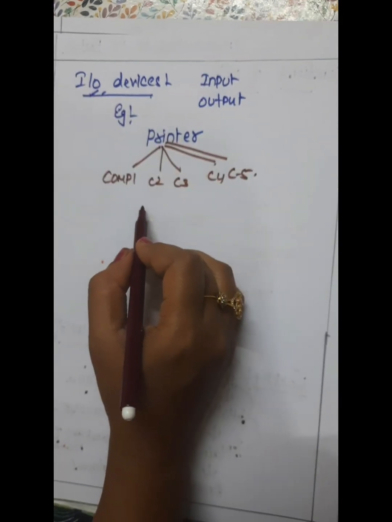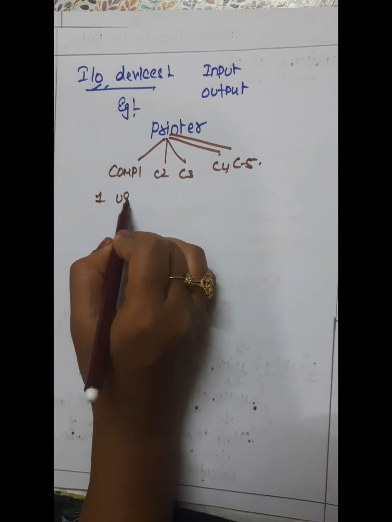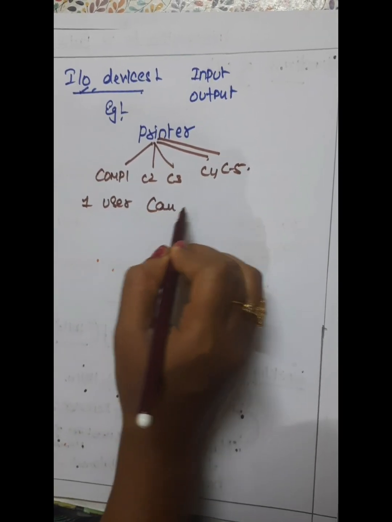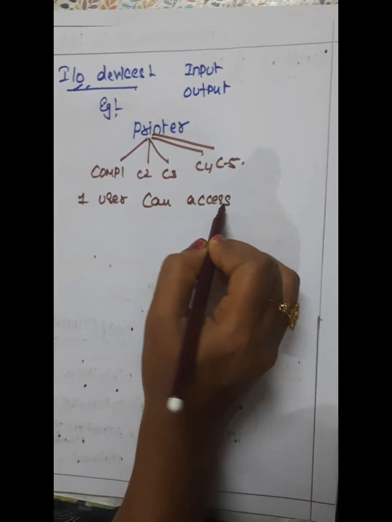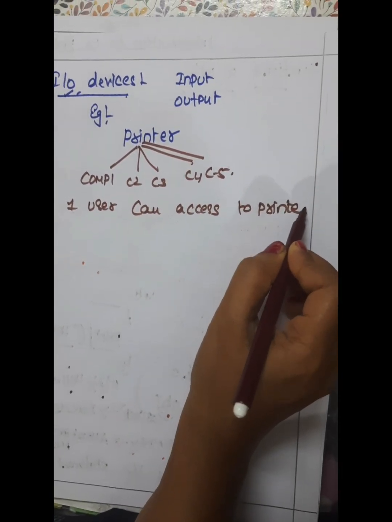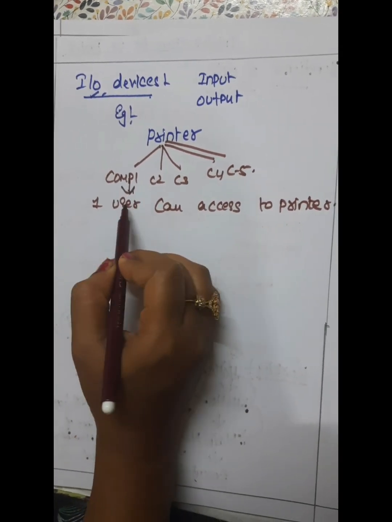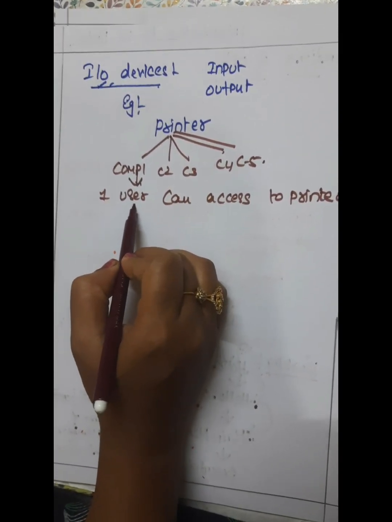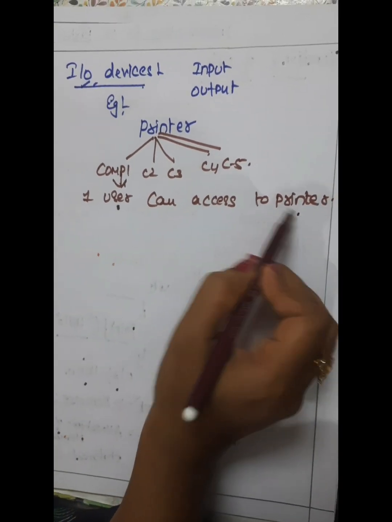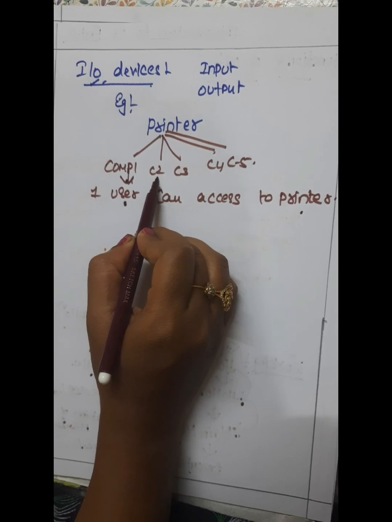So what actually happens? You have a number of computers, but you have only one printer. Then how? The first computer, meaning the first user, can access the printer. After computer 1, we can go for the second user.